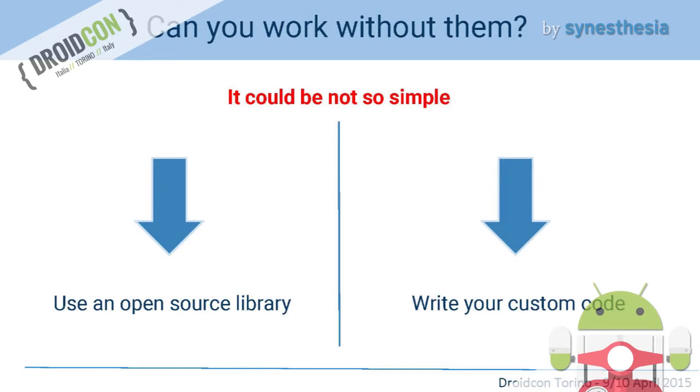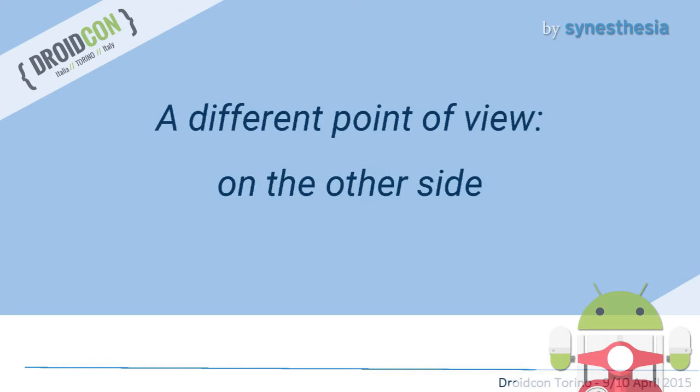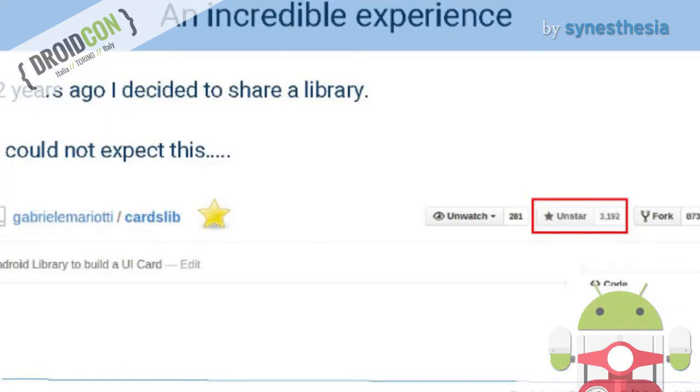So, it could be not simple to choose between open source and your custom code. Before I finish my presentation, I would like to share with you my personal experience about open source. It was an incredible experience for me.